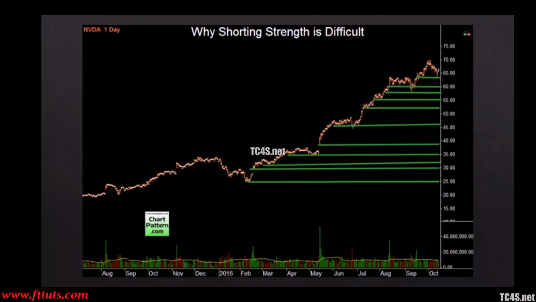Same thing goes for short selling. I'll see somebody trying to short sell a strong stock, and it'll be an NVIDIA. In this case, it's a daily chart of NVDA. And why is it difficult? Well, because there's a bag holder to the left everywhere on each one of these swing lows. And some of them are huge traders that are defending billion-dollar positions.